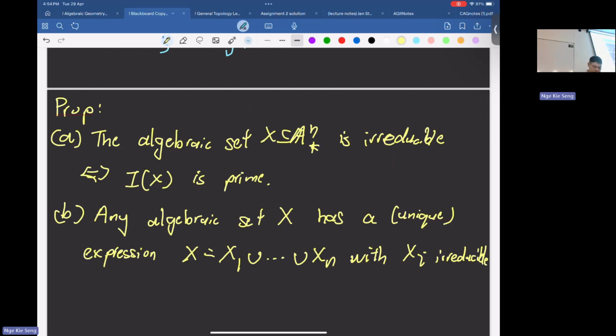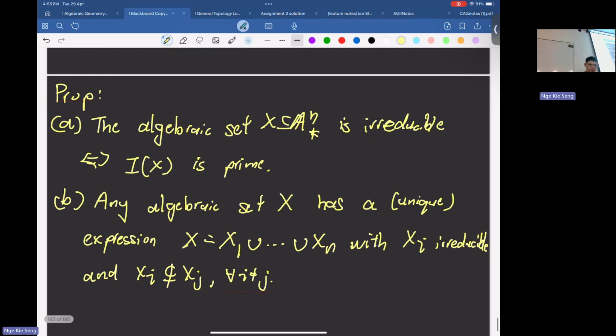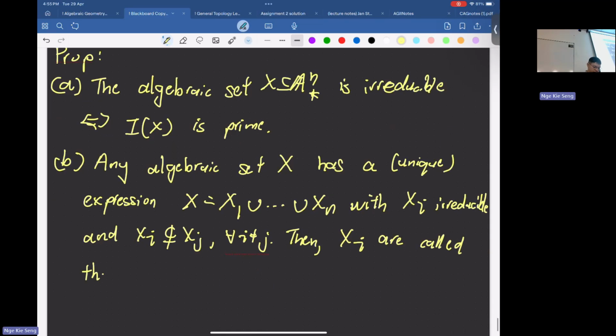These Xi and Xj cannot be contained in each other. Maybe they will have some intersection, but cannot be contained in each other. And then the Xi are called the irreducible components of X.